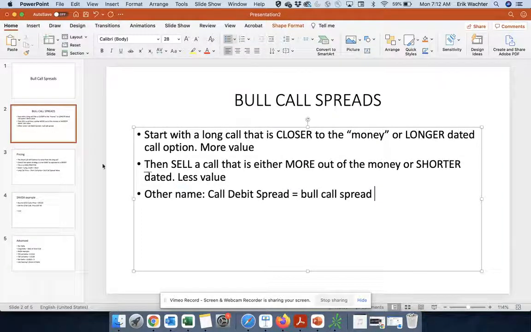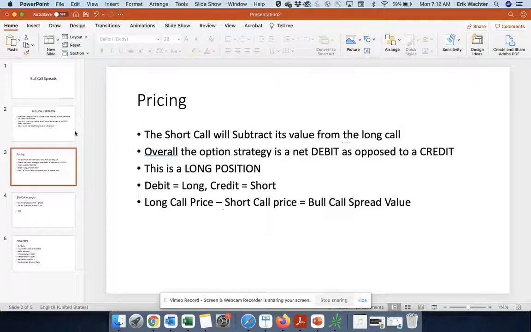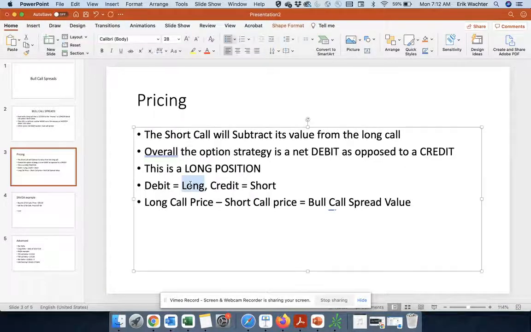So let's look at the pricing. The call that you're long and the call that you're short subtract each other to give you a net debit. A debit means you're long. If it was a negative number, that would be a credit, which would mean you're short.